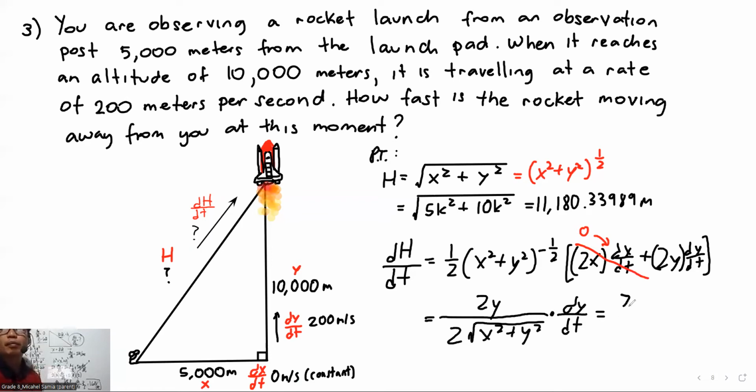It was 20,000 over 2. This term is actually h, so we can already put 1.1 and equate that to 300.